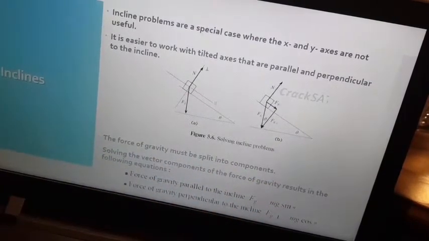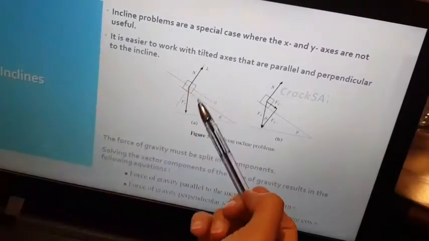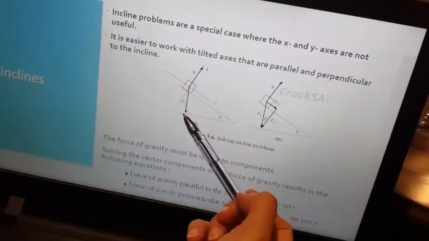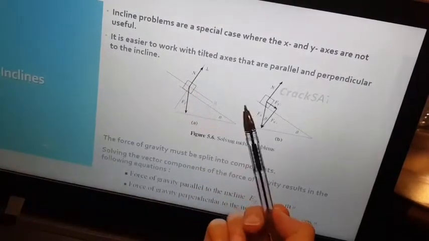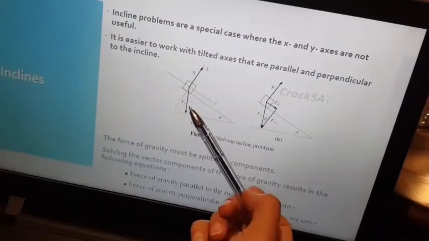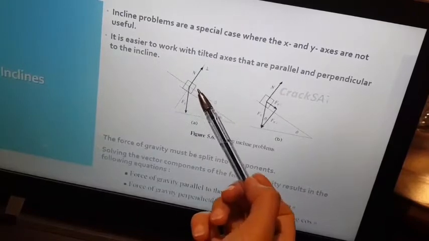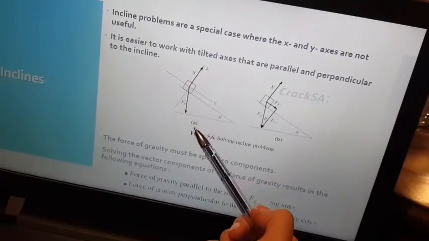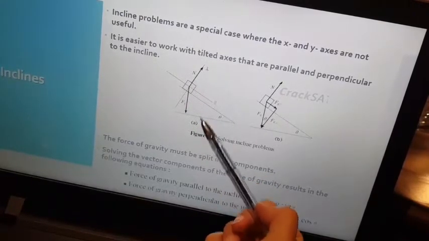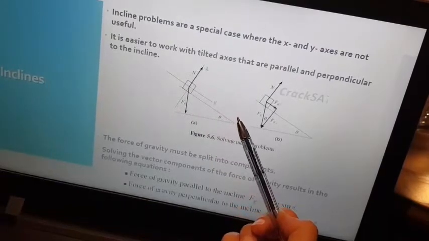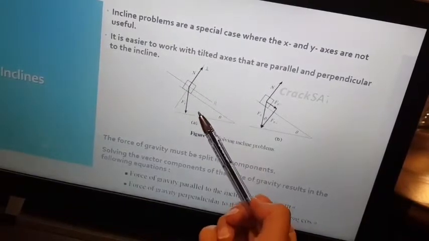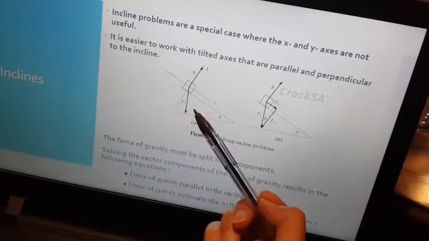Before, if this box is down here, it's so easy to know the forces acting on the box. You say normal force toward up on the y-axis, force of gravity toward down also on the y-axis, to the right, for example, the applied force on the x-axis, and to the left, friction force on the x-axis.